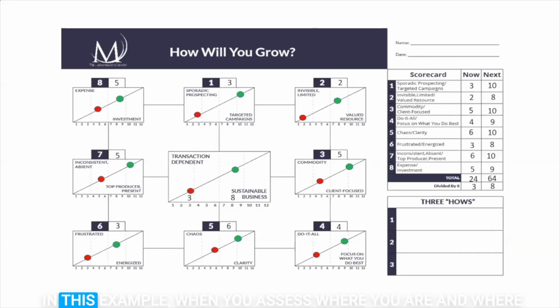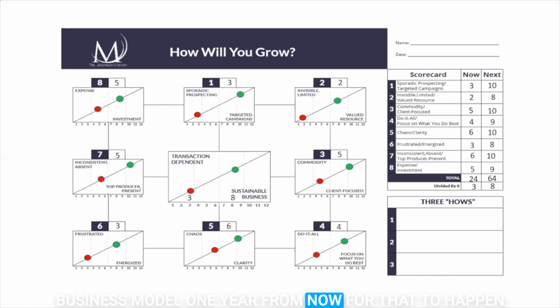So in this example, when you assess where you are and where you want to grow to, these 8 steps, you've identified, look, I'm currently more transaction dependent. Ultimately, I have to build a sustainable business. And I need to get from a 3 to an 8 in my business model.